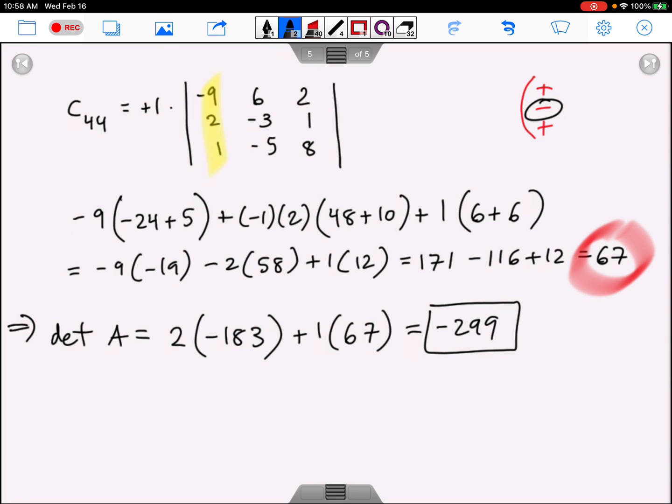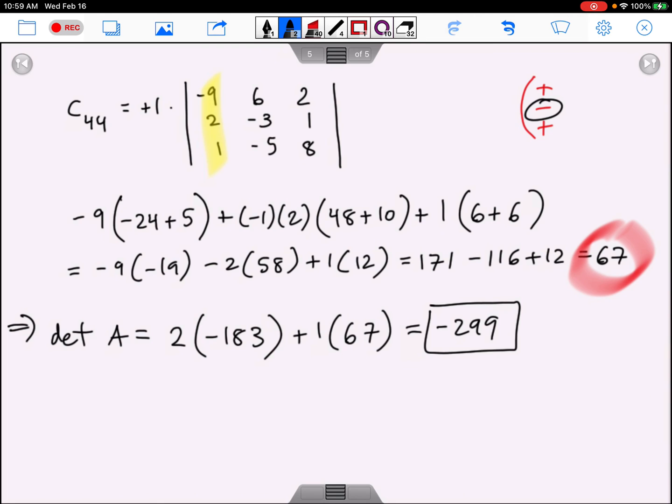Now, you can probably imagine determinants are not easy to calculate, right? This is still a much easier method than doing all those permutations and stuff that we learned. But in case you're wondering, what about section 3.2? In section 3.2, we learned about all those tricks to make determinants a little bit easier, like using row operations.